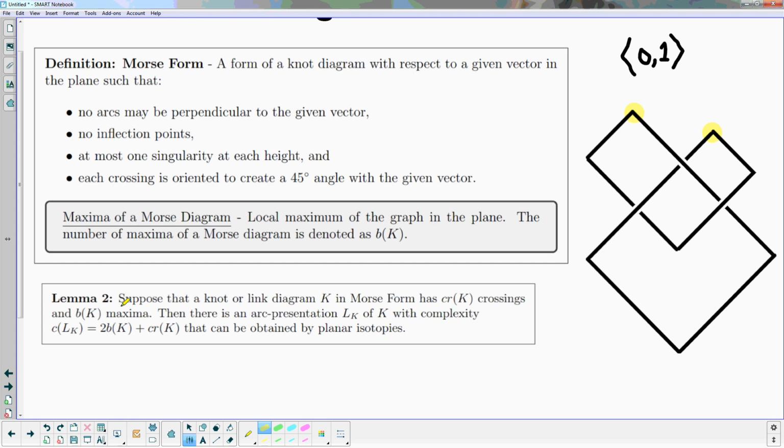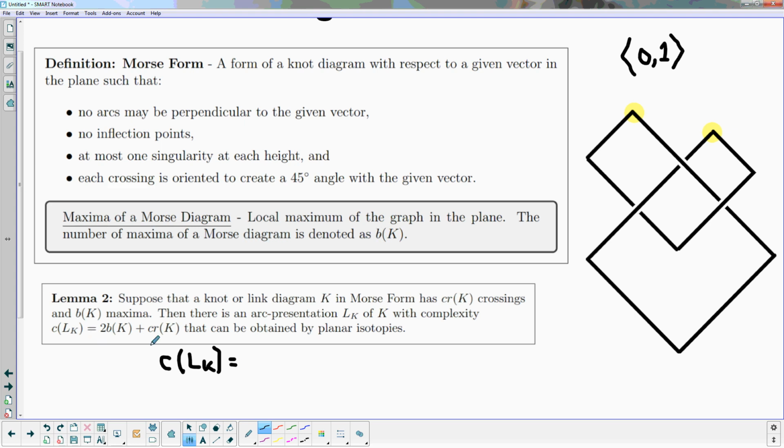Then lemma 2, which is another really big lemma for this main theorem that we're going to get to, is if we have so many crossings, CR of the knot, and the number of maxima BK, then there's an arc presentation that has complexity equal to, so given this one, this is actually the Morse form of the trefoil.